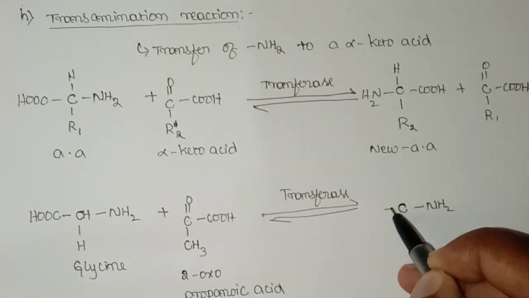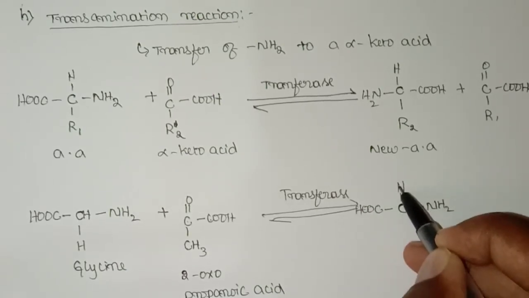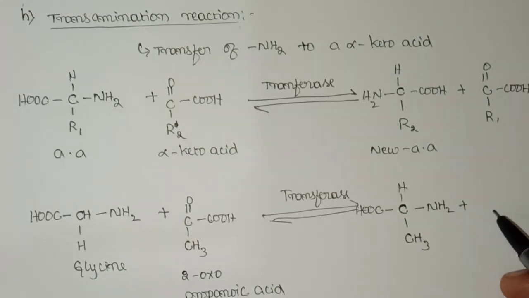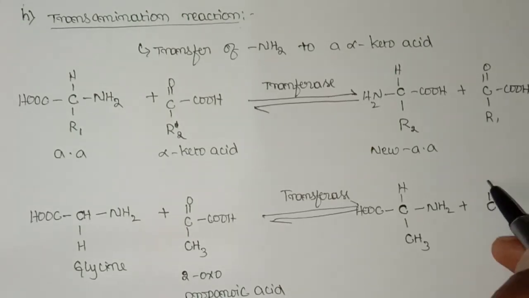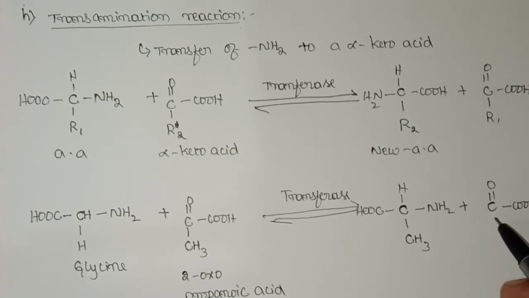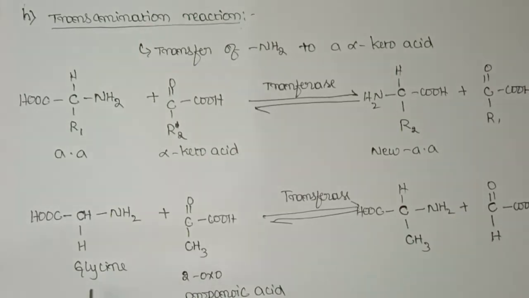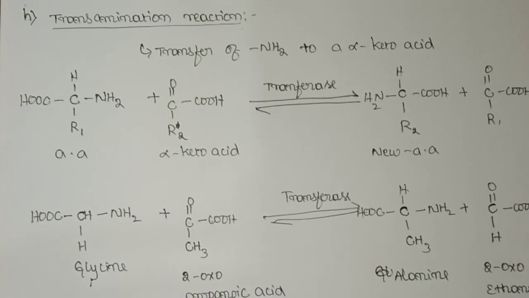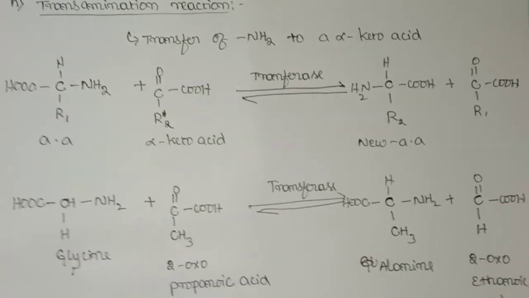NH2, and here it will be COOH, and there will be H, and here it will be CH3, and now the alpha keto acid produced is C double bond O, COOH, and here it will be H. Right, so we started with glycine and reacted it with 2-oxopropanoic acid, and that results in glycine being converted into alanine, and 2-oxopropanoic acid being changed to 2-oxoethanoic acid, the corresponding alpha keto acid we got over here.